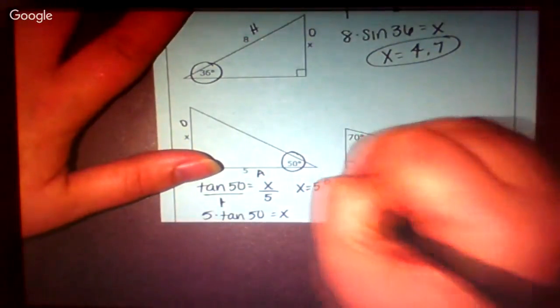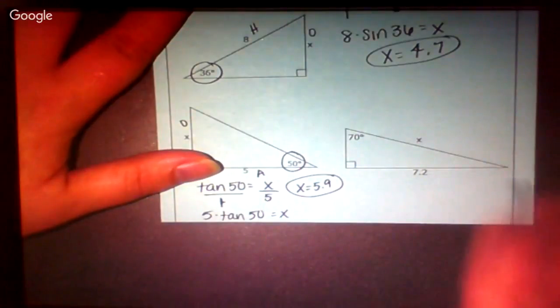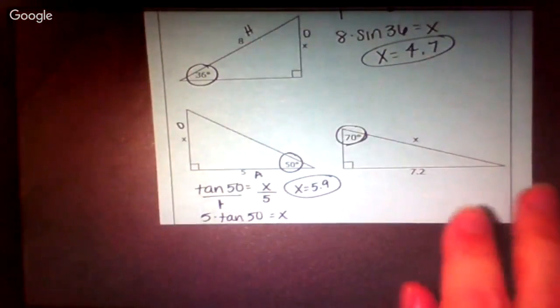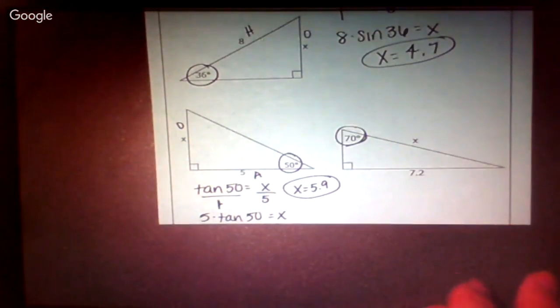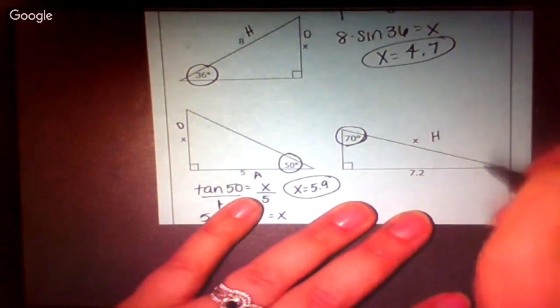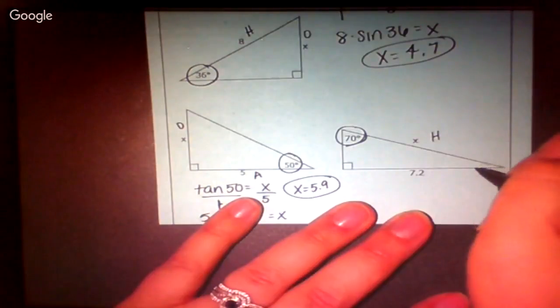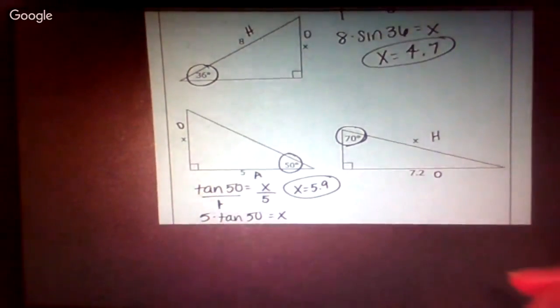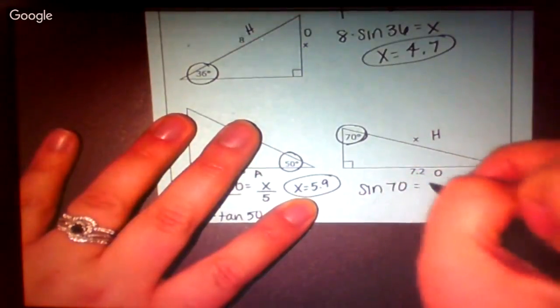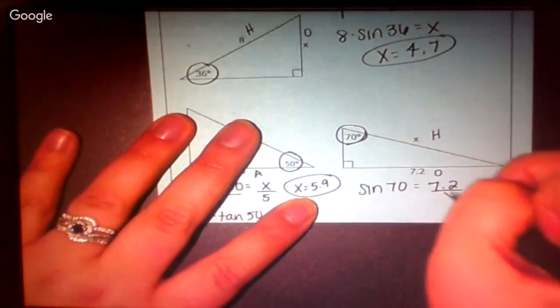5.9. Mr. Wright is on a roll over here. The last one, 70 is my reference angle. I've got 7.2 and x. The other one's what? That's your opposite. Good. I've got opposite and hypotenuse. So what do we got this time? Sine. Sine of 70. This time, though, 7.2 goes on top.